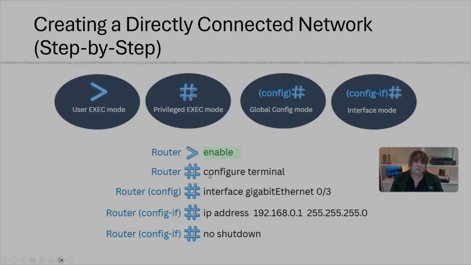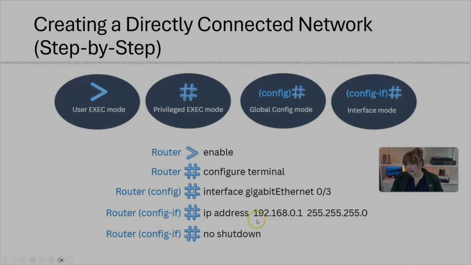Now you must move from privileged exec mode into global config mode with the configure terminal command. Finally, you can move into interface config mode by specifying the exact interface that you want to configure. In our instance, this is interface gigabit Ethernet 0/3.